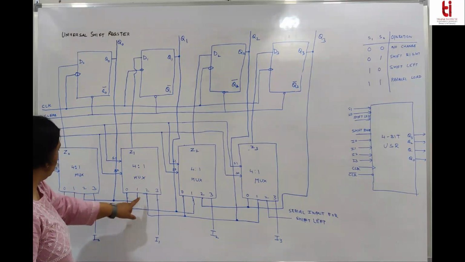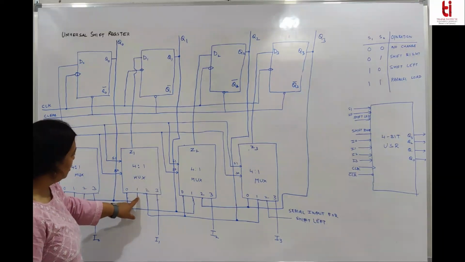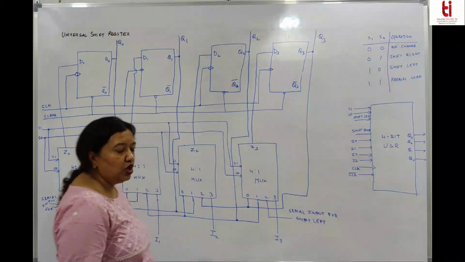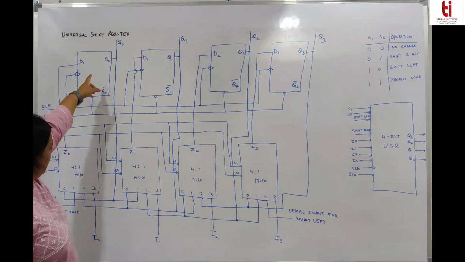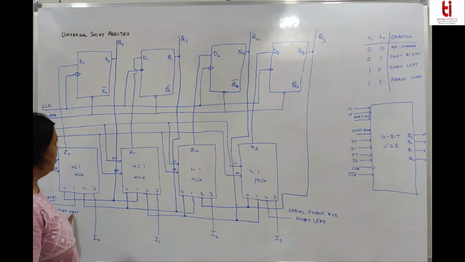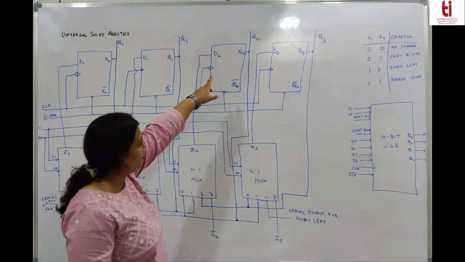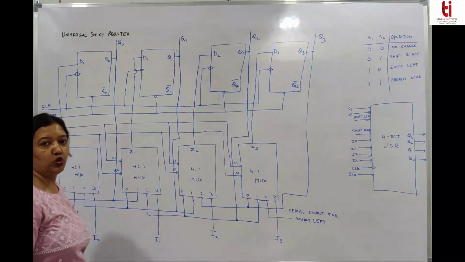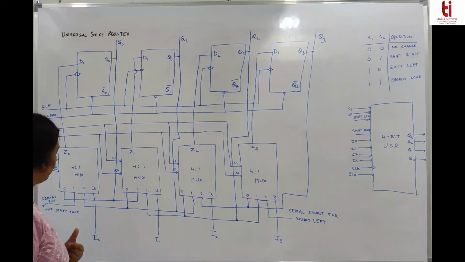It is the value of Q0. This is the value of Q1. This is the value of Q2. So when a clock pulse occurs, at the output of Q0 you will have this serial input, at the output of Q1 you will have Q0, at the output of Q2 you will have Q1, and at the output of Q3 you will have Q2. So this is a simple shift right operation.